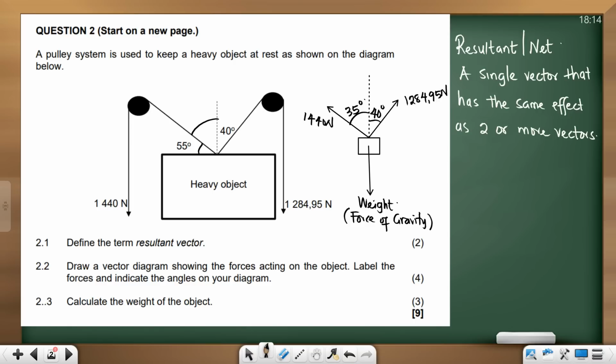Calculate the weight of the object. Ooh, easy question here. Guys, I'm going to use this to quickly remind you of how to calculate your components.